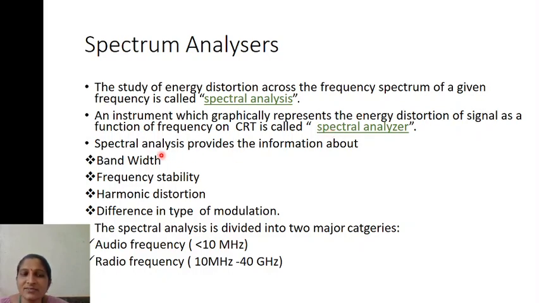The use of spectrum analysis is that you can study the bandwidth, frequency stability, harmonic distortion, and differences in type of modulation. All this information we can get from the spectrum analyzer. During spectrum analysis, we divide the frequencies into two ranges. Frequencies less than 10 megahertz are called audio frequencies, and frequencies ranging from 10 megahertz to 40 gigahertz are known as radio frequencies.